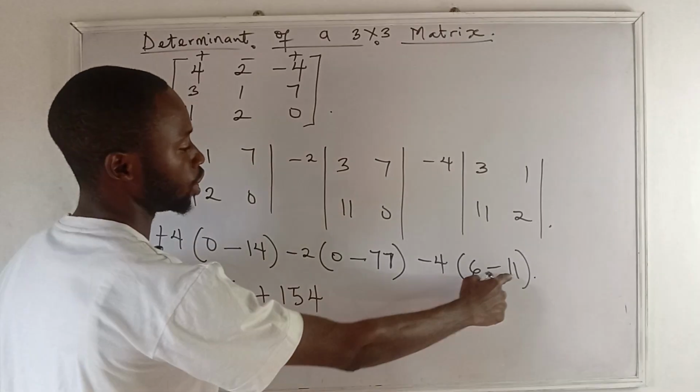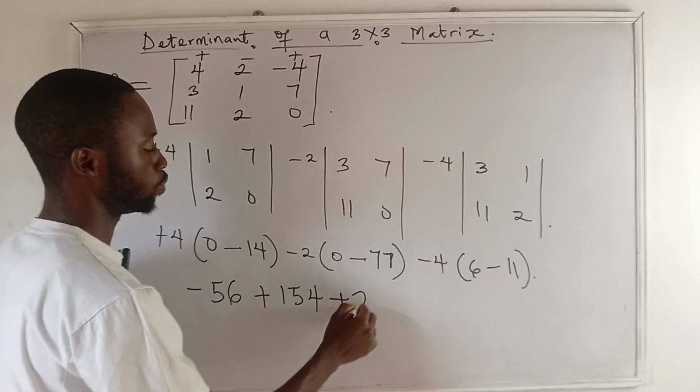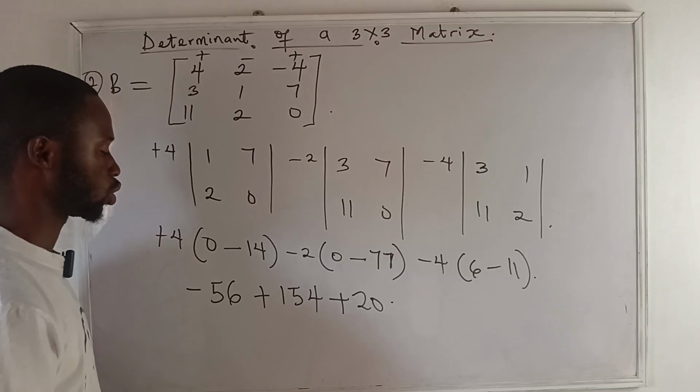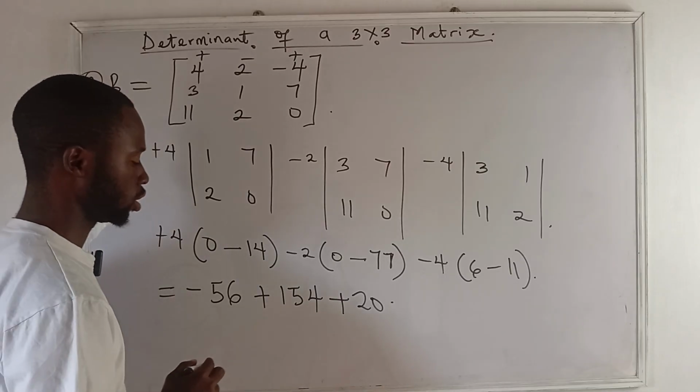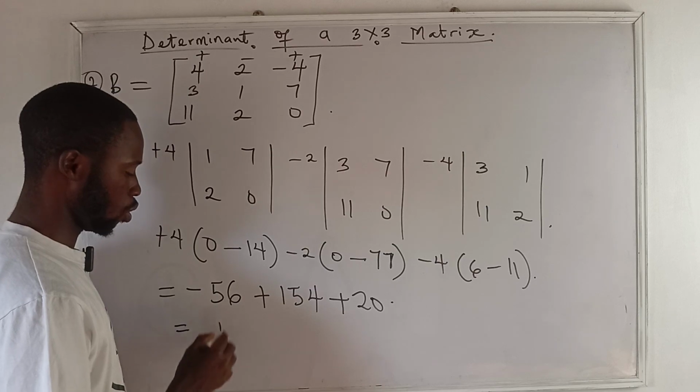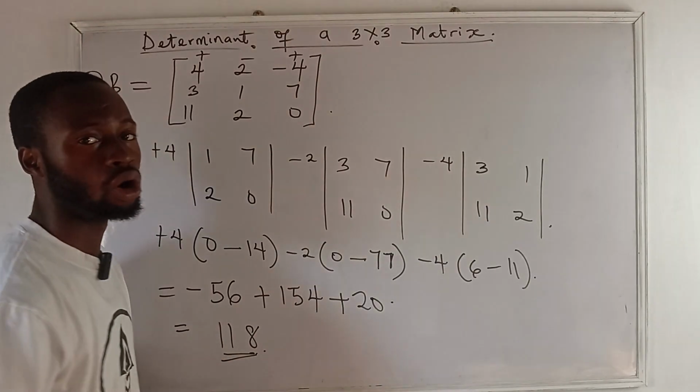So we have 6 minus 11, that's minus 5. Then minus 5 multiplied by minus 4, that's plus 20. So the sum of minus 56 plus 154 plus 20 will give us 118 as the determinant of B.